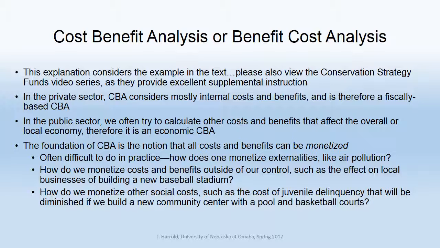But in the public sector, we often try to calculate other costs and benefits that affect either the overall economy or the local economy. Therefore, we usually call it an economic cost benefit analysis because you're trying to monetize things that aren't just to do with the city's budget, for example, but the benefit or the cost to the local population.